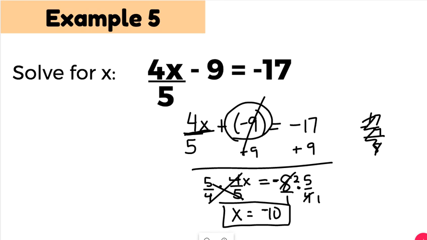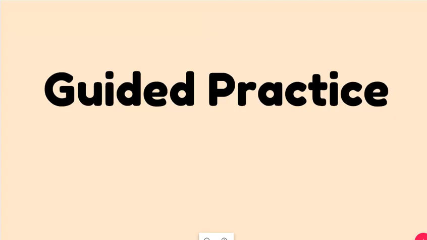And we're going to take a second and do a little guided practice. So you're going to copy the problem down, push pause. I want you to solve it on your own. Then I'll put the work and the answer up so you can check yourself. If you're struggling, just look back at the examples.